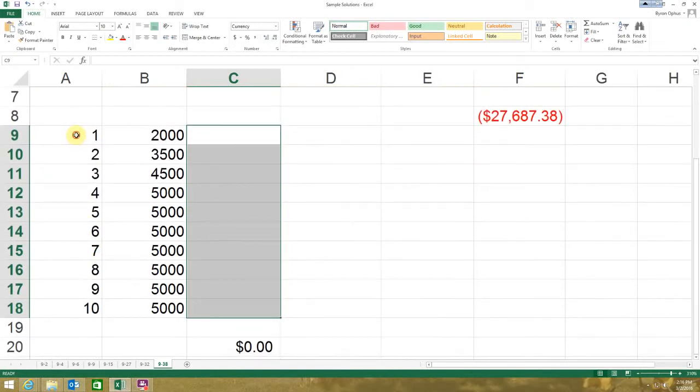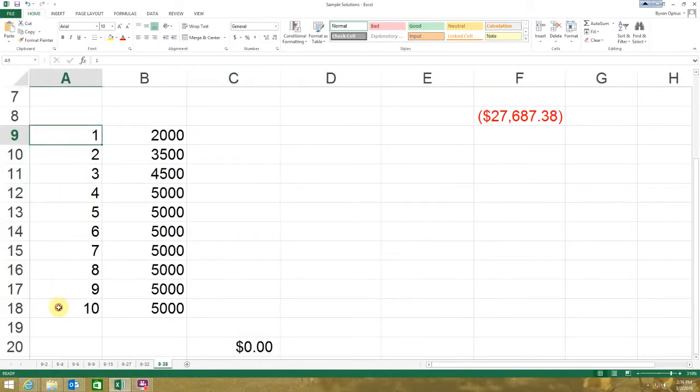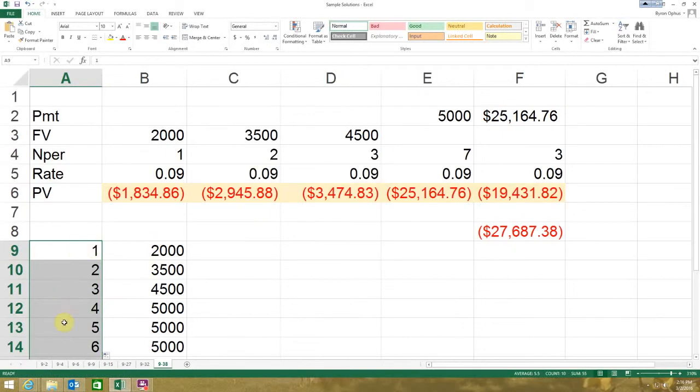So let's take years 1 through 10. By the way, there's an easier way to input those. Put the 1 and then the 2, highlight both, and grab that little bottom corner. It's going to know that you wanted to keep numbering. So now we have years 1 through 10.